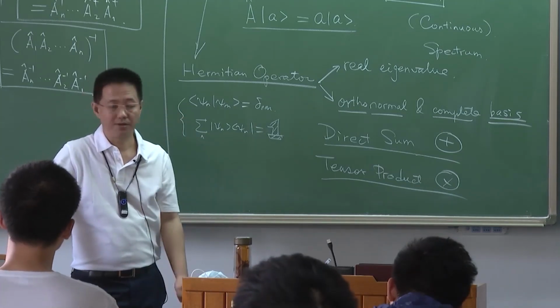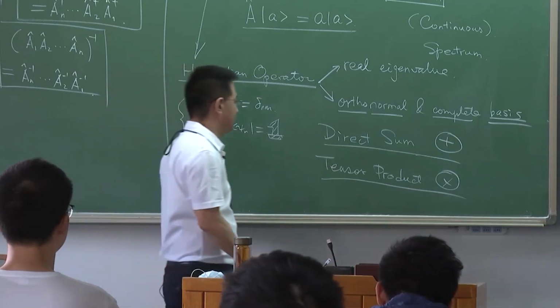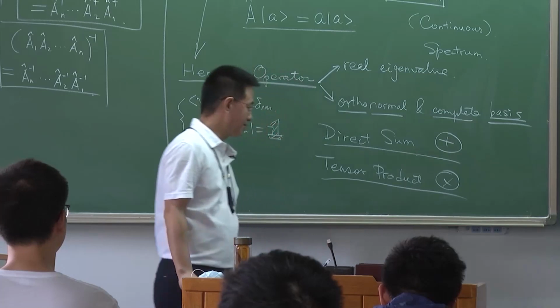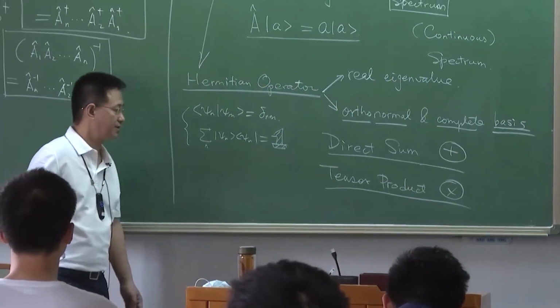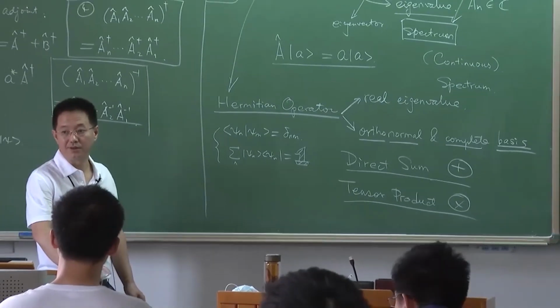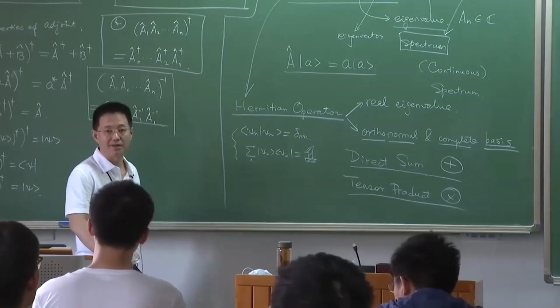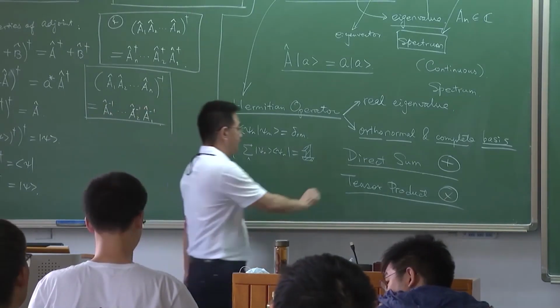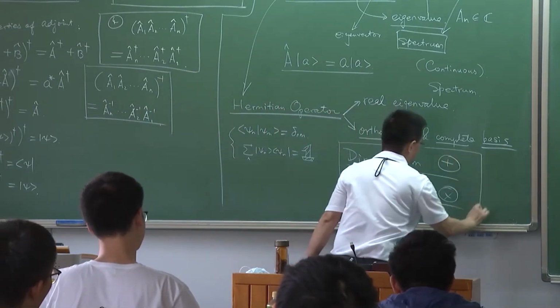So in functional analysis, the direct sum and the direct product are the same for the dimensionality, but it's different from the tensor product. So I want to emphasize that we prefer to use the tensor product in quantum mechanics. And next time, we'll study this.